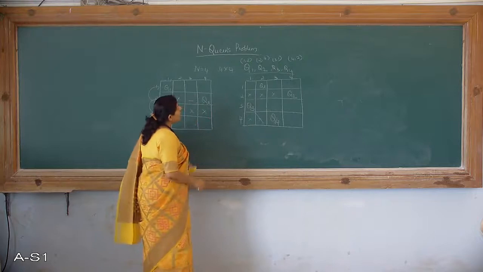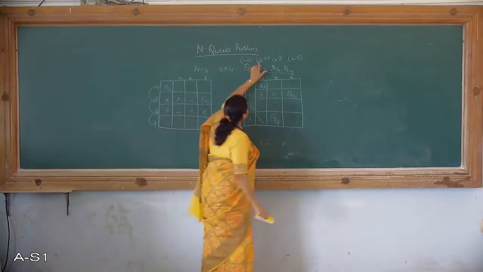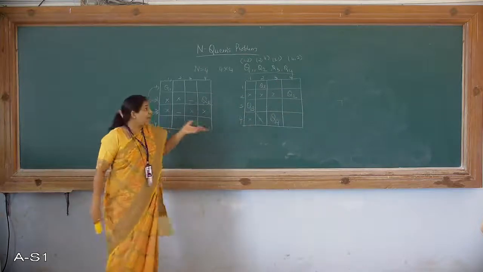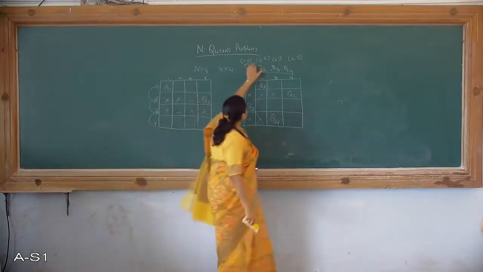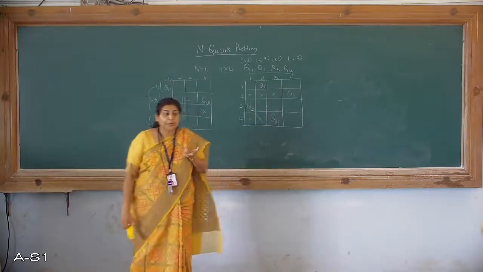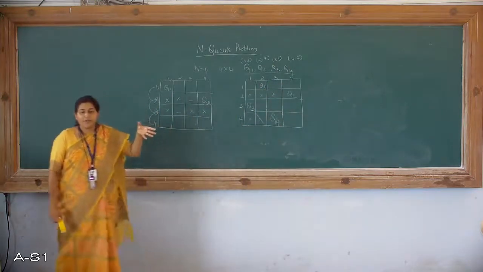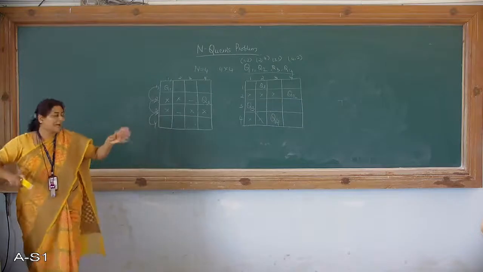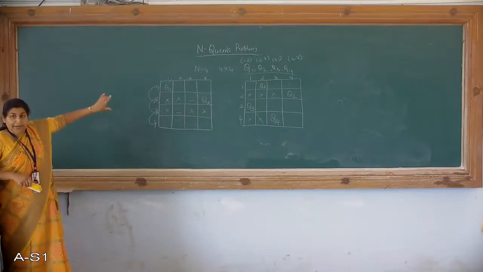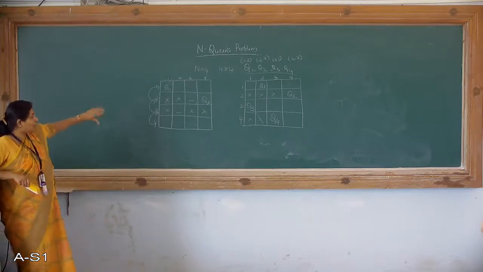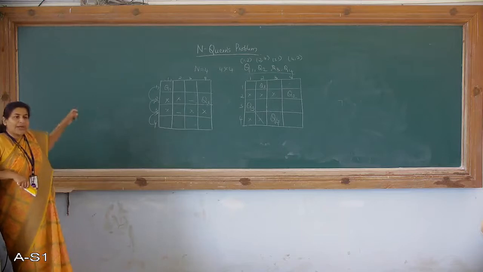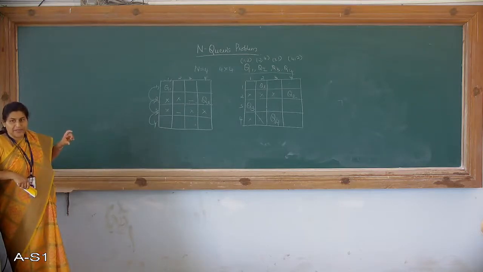Can you see here, all these 1, 2, 3, 4 are different rows, and all these 2, 4, 1, 2 are different columns. So there is no row number or column number which is the same. It means nowhere is one queen attacking another queen.